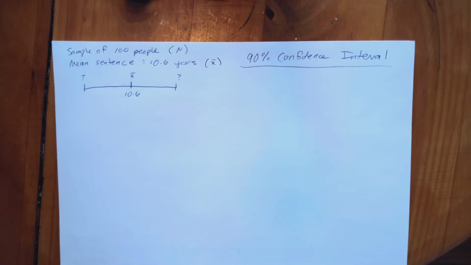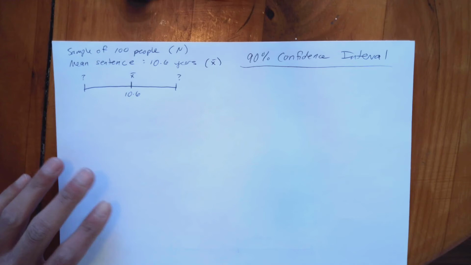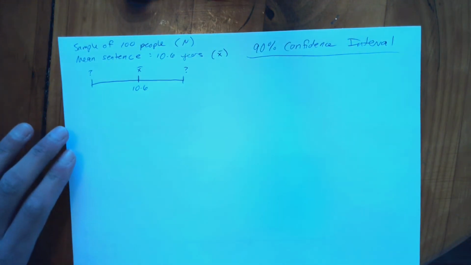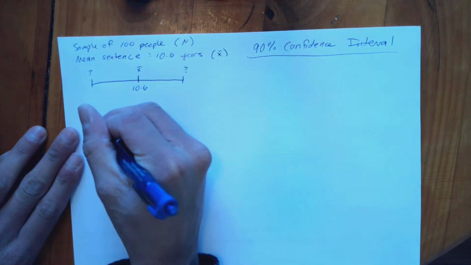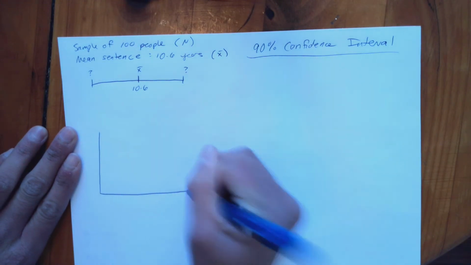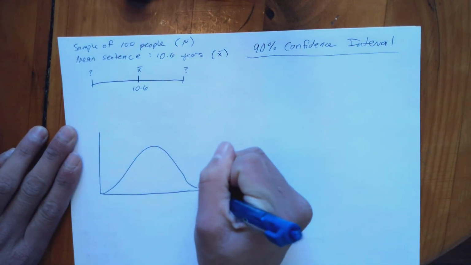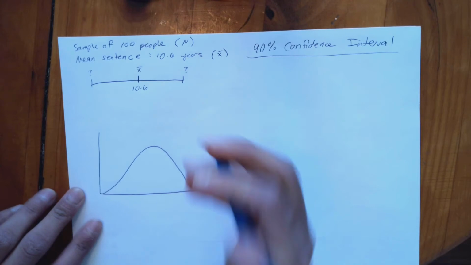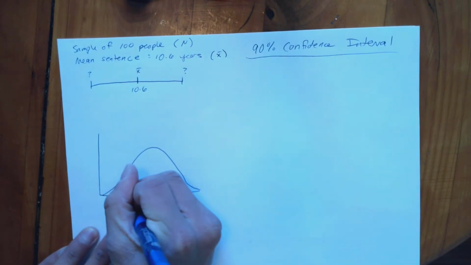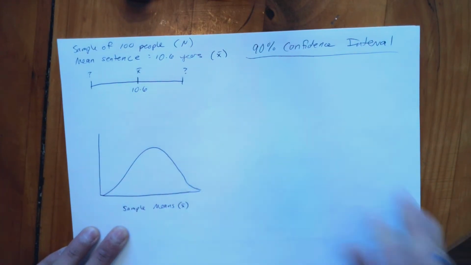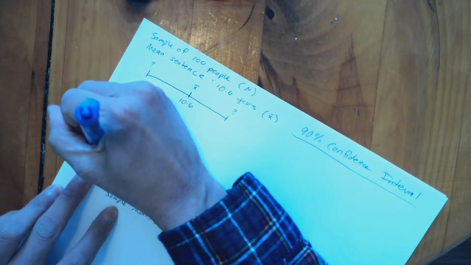All right, so here's where we're going to go back to what we talked about in the last week before spring break. As I said, we were going to be applying it, so here we are applying it. We learned about sampling distributions, where we have our sample means down here, and the probability of getting each one.